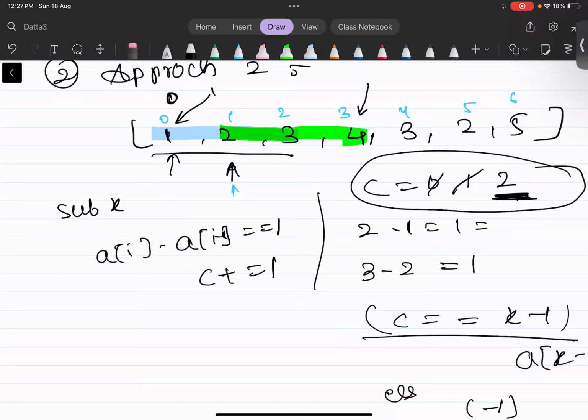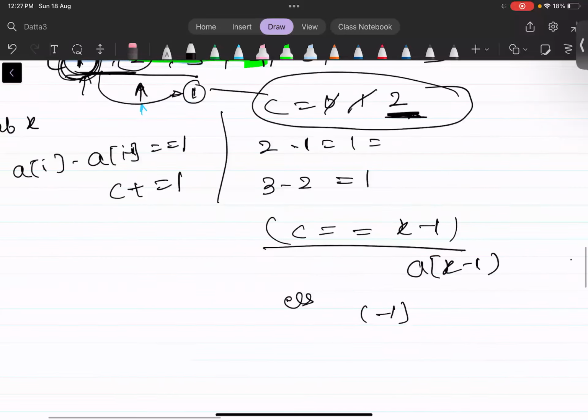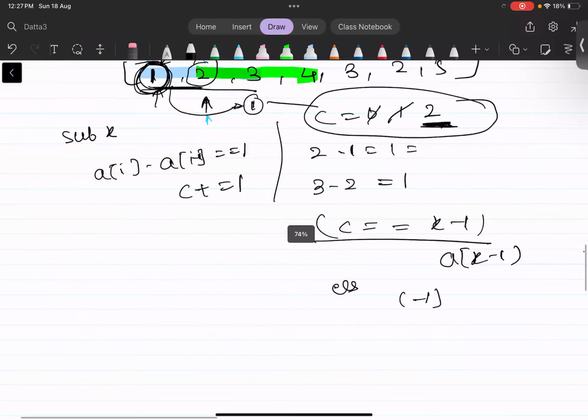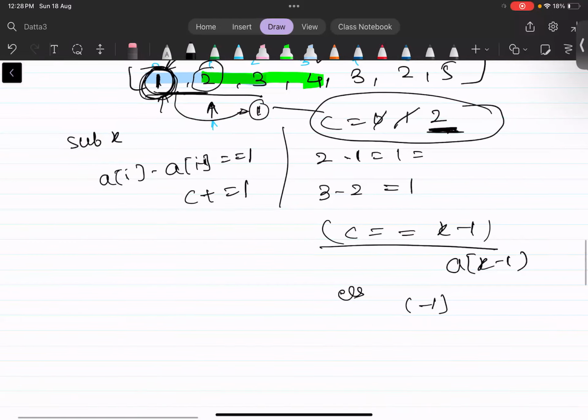I removed 1, right? If the difference between this pair of elements is 1, it means this pair contributed a value 1 to my C. As I am removing this pair from my subarray, if it contributed a value to my answer, which is C, then I am going to decrement it.